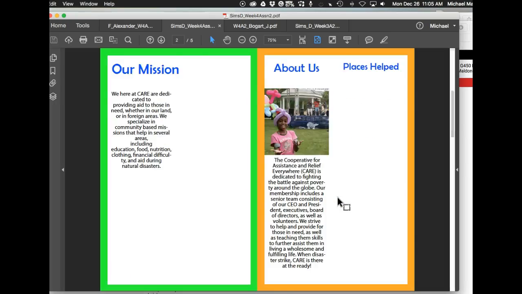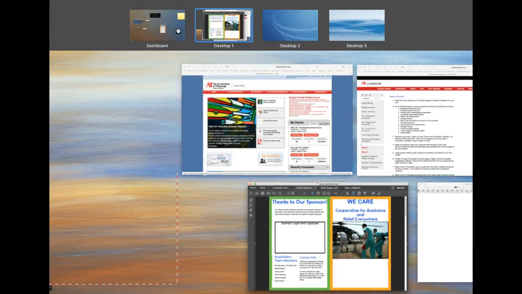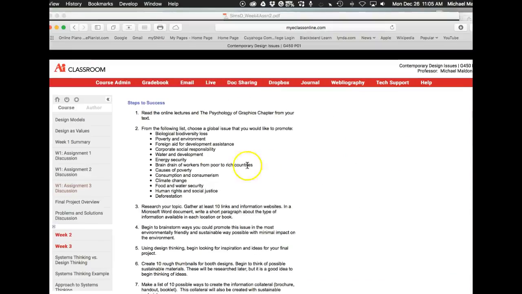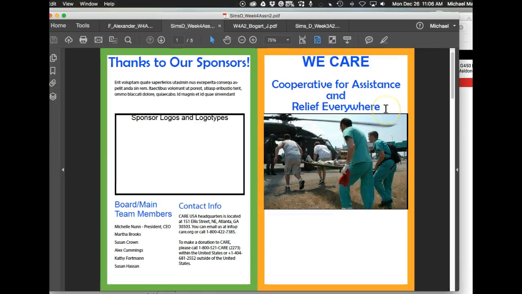Okay, the next thing I want to talk about is your actual design and your concept. So you have We Care Cooperative Assistance and Relief Everywhere. But if we go back to week 1 and take a look, that's not one of our categories. Last week you were talking about foreign aid for development assistance, but this week you're talking about cooperative assistance and relief everywhere.